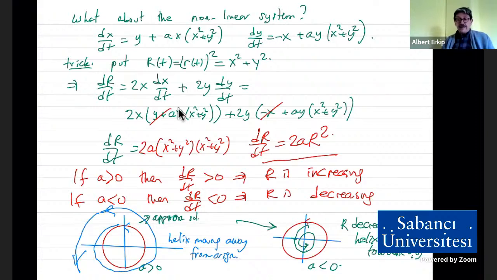Now, I'm going to stop here because I think that's enough for the time being. And this last example that we did with r can be generalized. Let me just write that down.